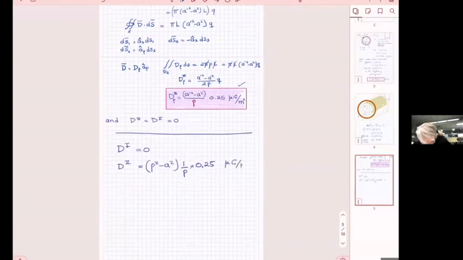Then D3 is a prime square minus a square divided by rho times 0.25 microcoulombs per meter square. And then D4 is 0, and D5 is 0.